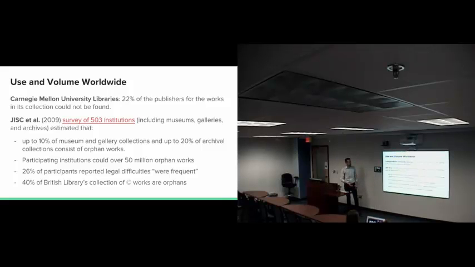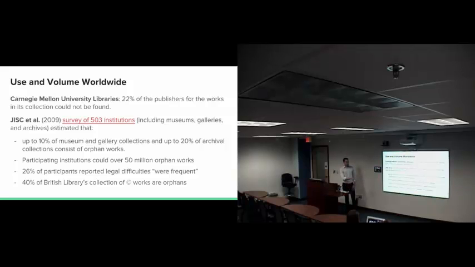GISC, which is a UK institution, did a survey of 503 cultural heritage organizations, including libraries, museums, galleries, and archives. In terms of the responses to that survey, they estimate that up to 10% of museum and gallery collections and up to 20% of archival collections consist of orphan works.